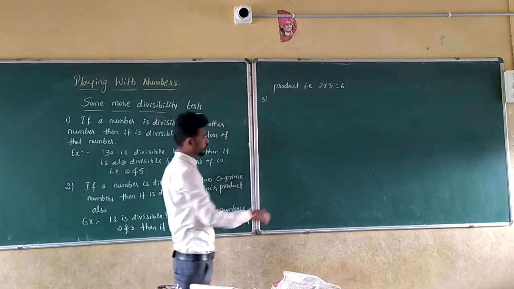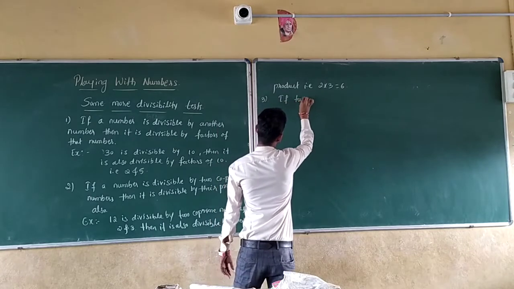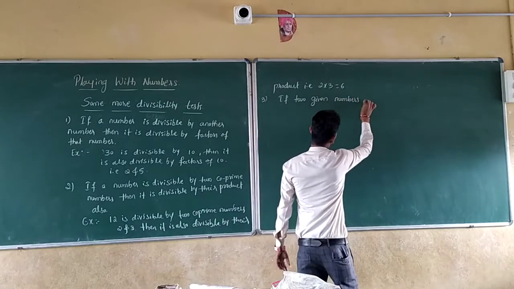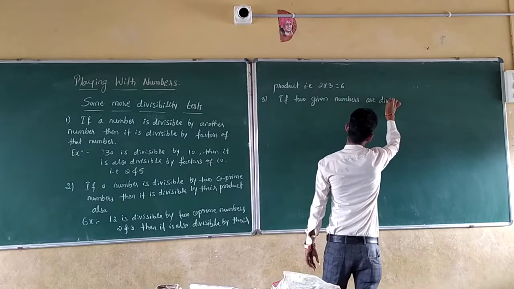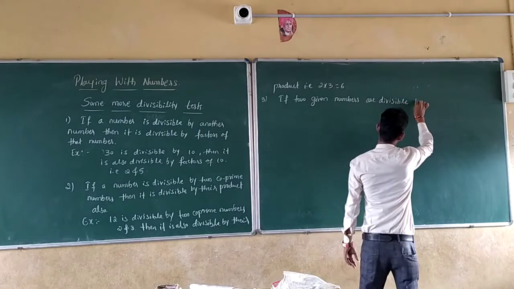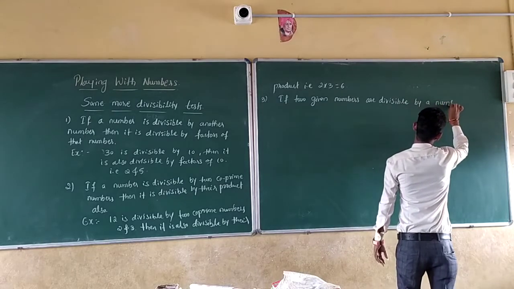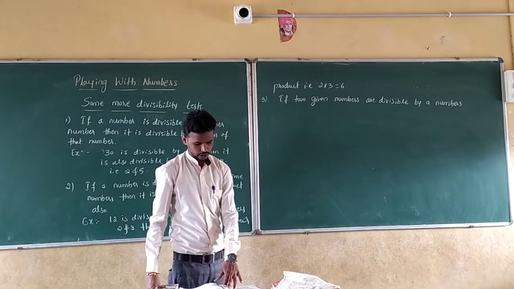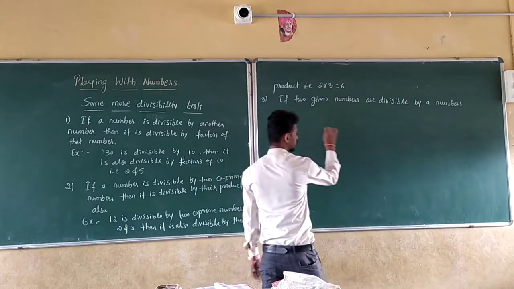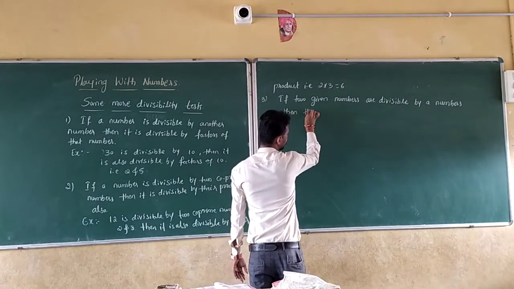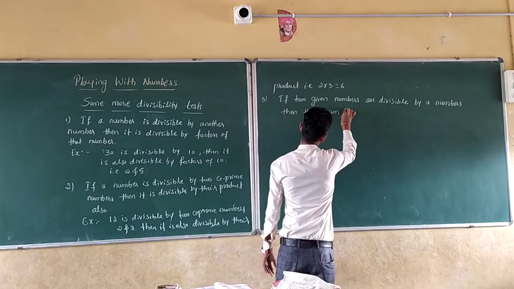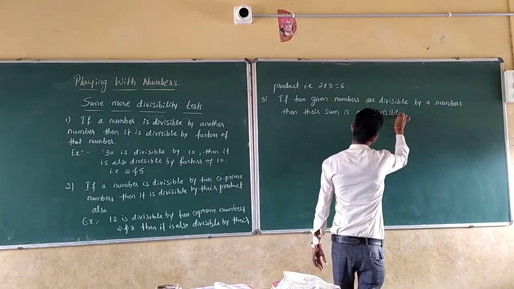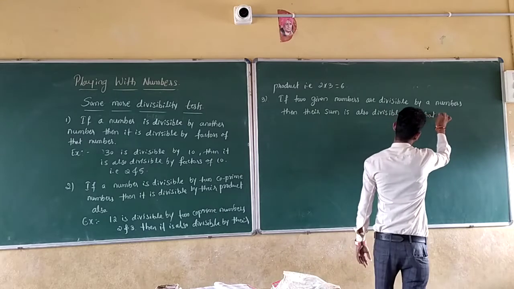If two given numbers are divisible by a number, then their sum is also divisible by that number.